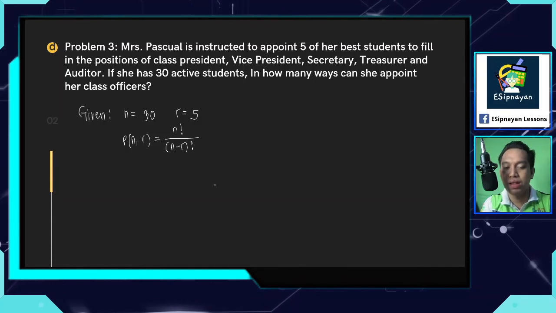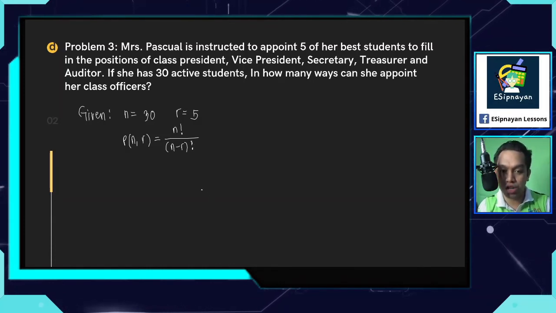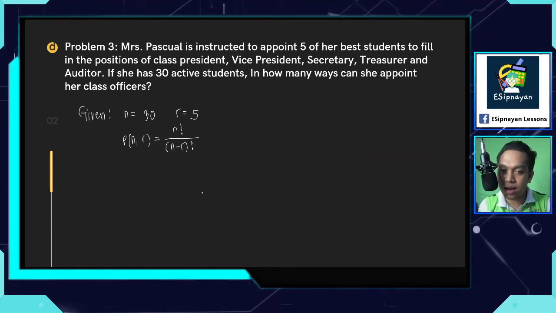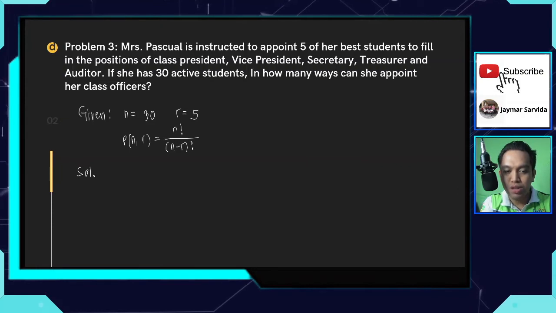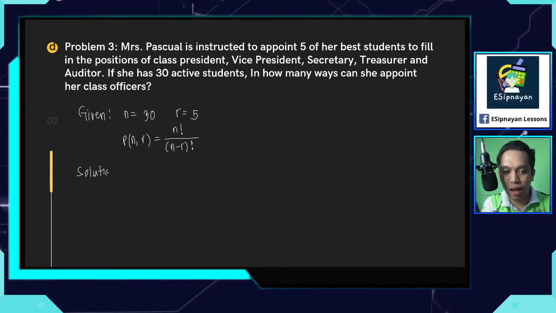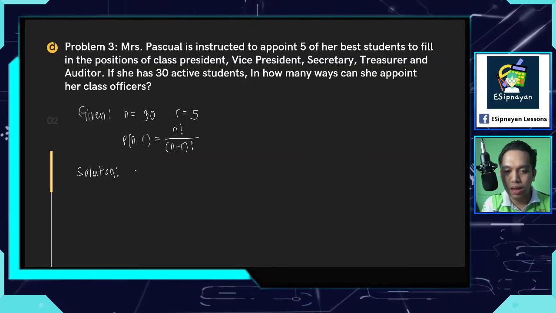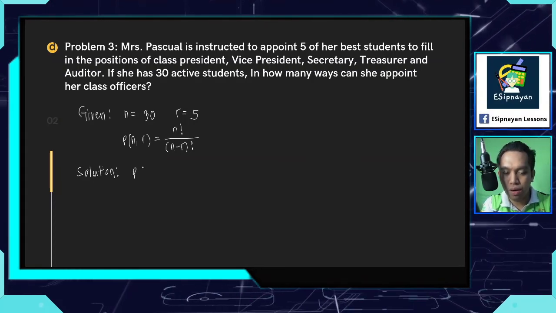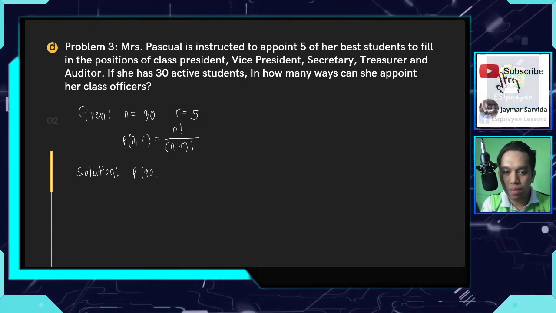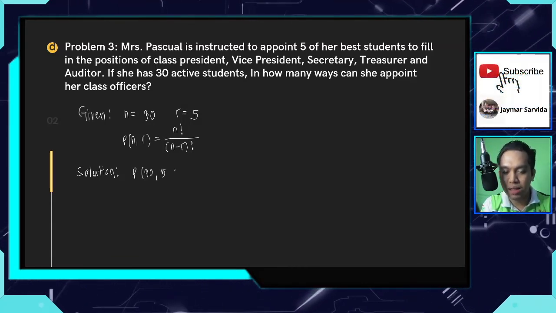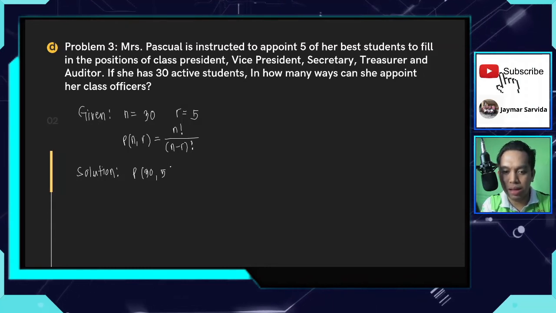Okay, so ito yung ating formula ng permutation of n objects taken r at a time. Okay, so solution. So i-substitute natin yung ating mga given value dito sa ating formula. Okay, so that is permutations of 30 students taken 5 at a time.